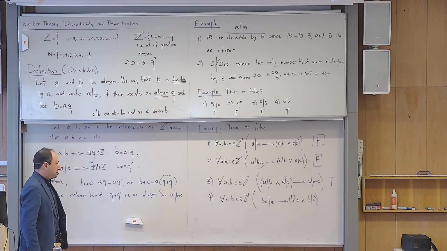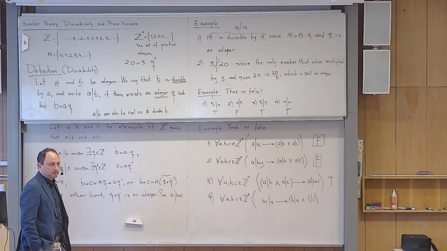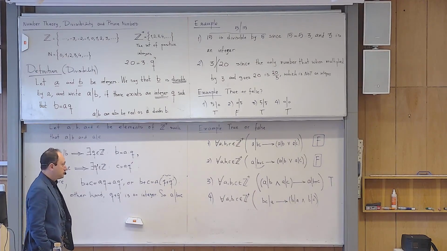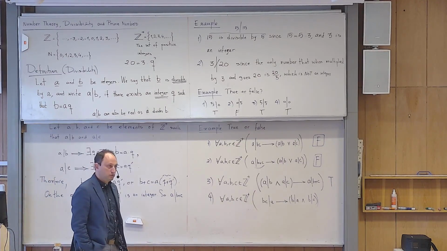True or false? But again, let us practice to see if you really learned. Can you read it in plain English? What is the message of this statement, regardless of being true or false?